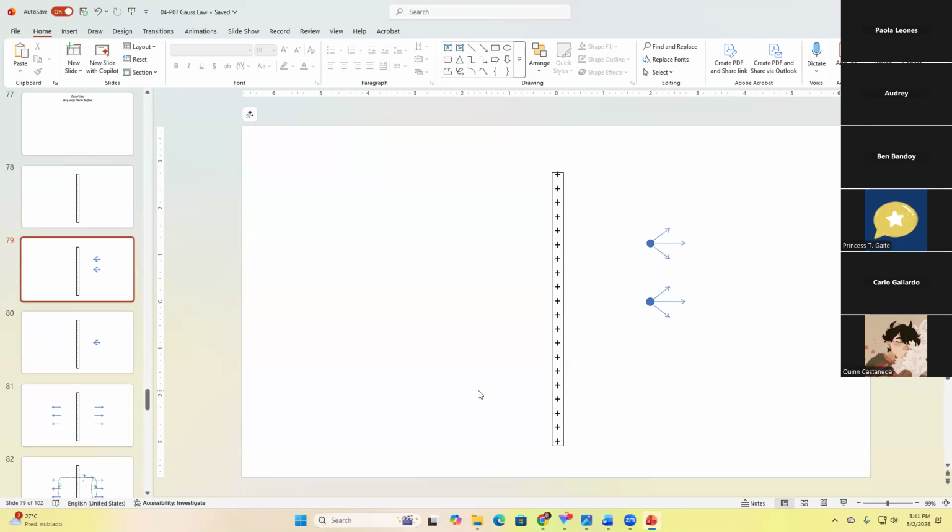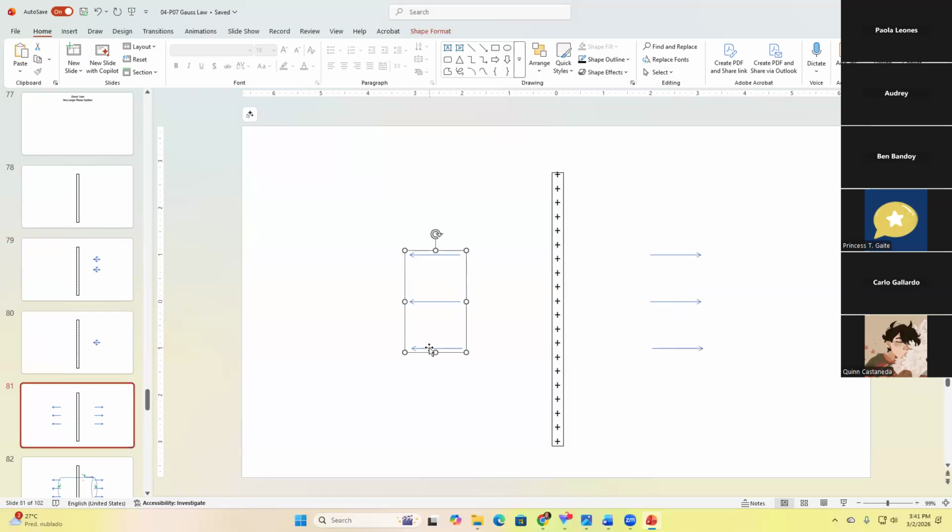Because of the symmetry of the problem, the vertical components of those two fields are going to cancel out. Okay? Then you're going to have a somewhat uniform electric field distribution, both to the right and to the left. That you already know because we covered it before in a qualitative sense, right?